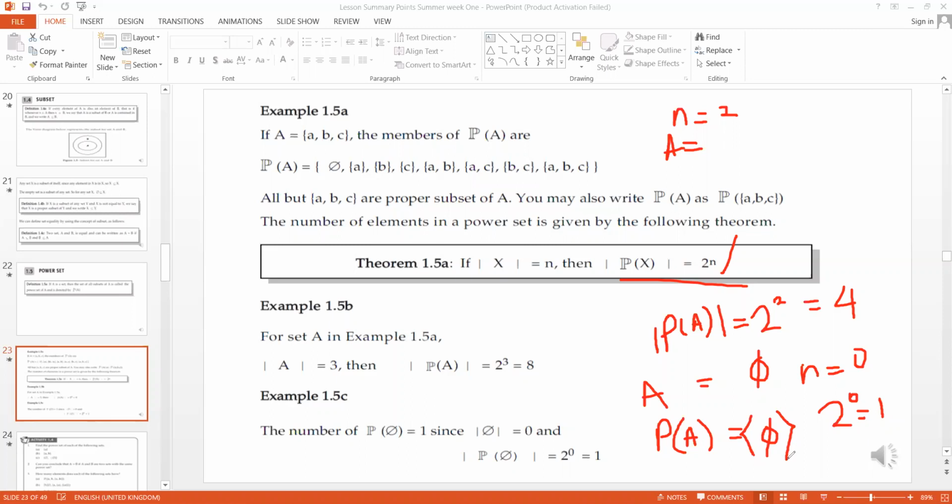So the power set of the set A is the set containing the empty set. So you take good note of that.